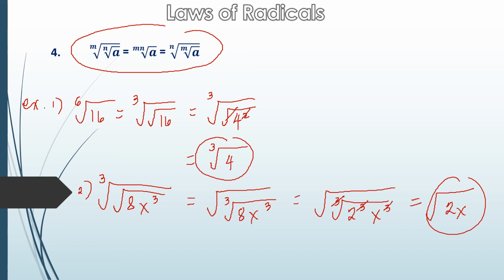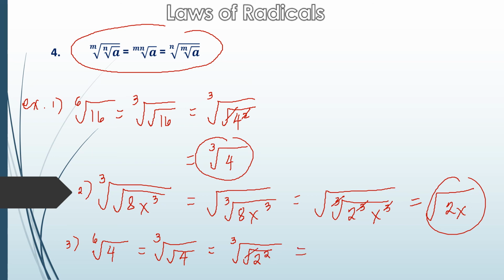Let's have another example. Let's say we have the sixth root of 4. So applying the given law, this expression is the same as the cube root of the square root of 4. Now let us express 4 in exponential form. So we have the cube root of the square root of 2 raised to the second power.